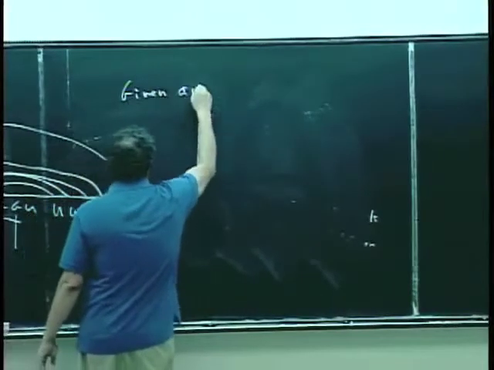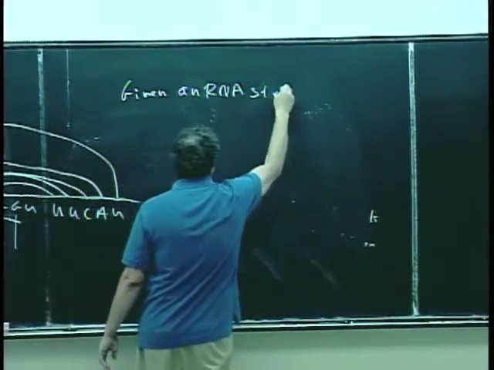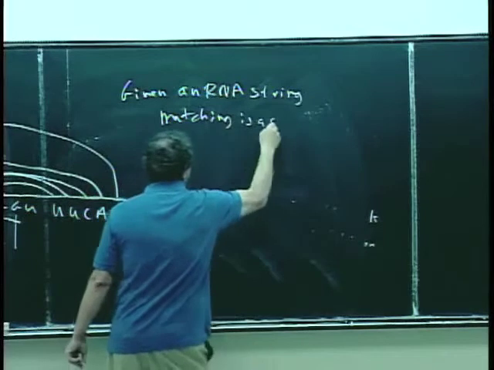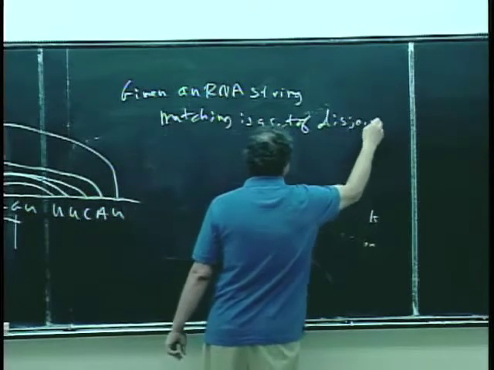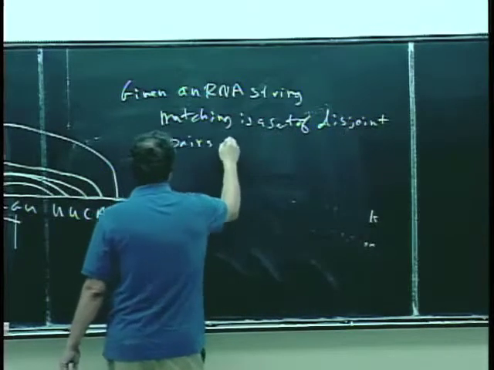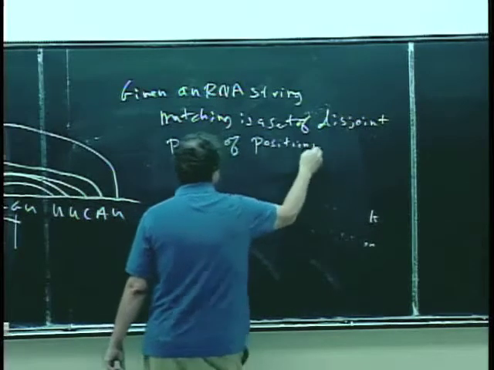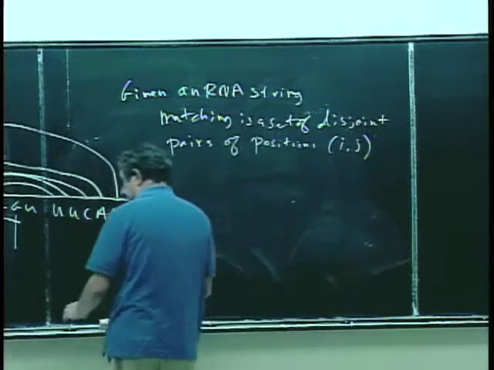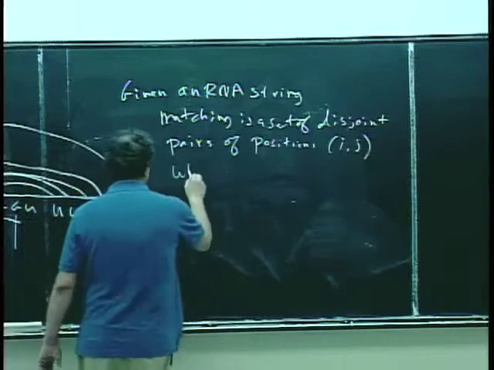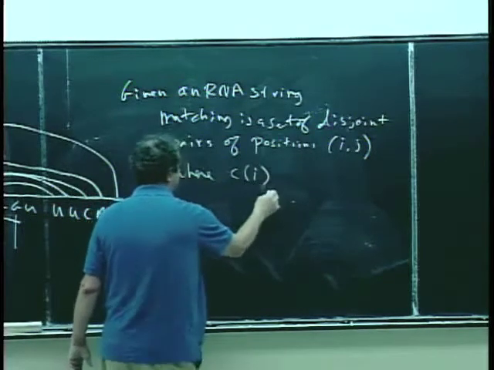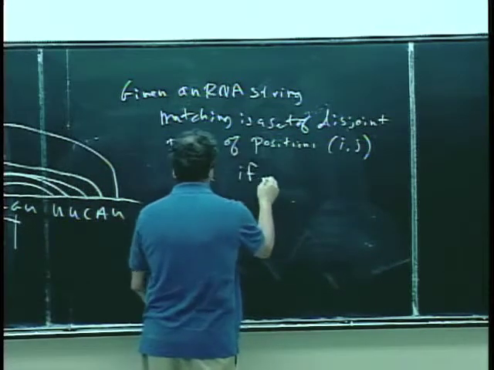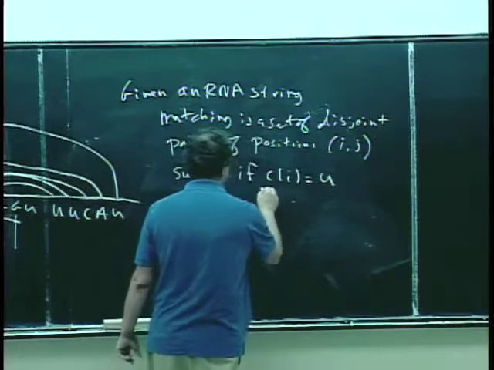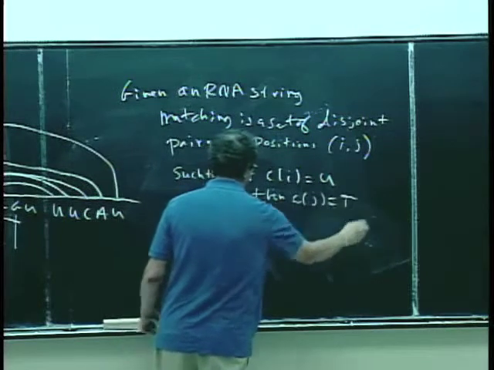You're given an RNA string. A matching is a set of disjoint pairs of positions, let's say I and J, such that if the character at I is equal to U, then the character at J is equal to T, okay?